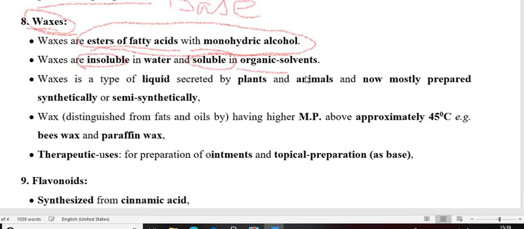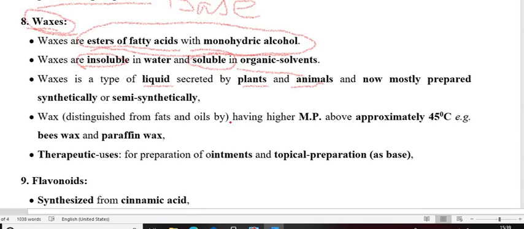So this is a very, very important property of waxes. Waxes are liquid in nature, secreted by plant and animal. So this is very, very important. These waxes are secreted both by the plant and the animal, and they are synthetic, semi-synthetic and natural.